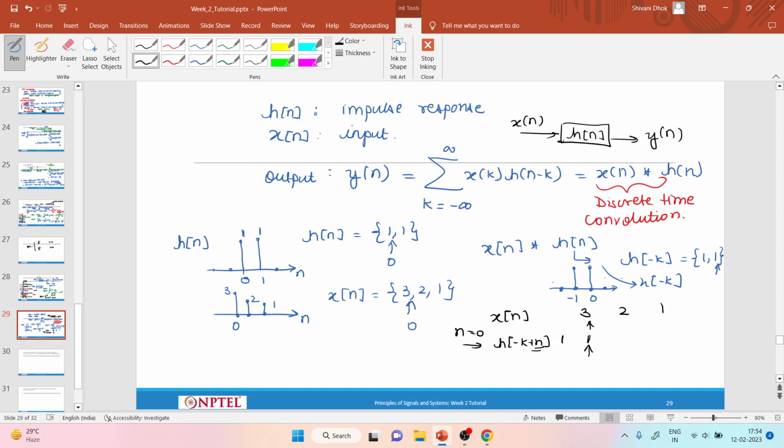But if I have n equal to 0, I'll have one overlap here, so this will be basically my h of minus k.